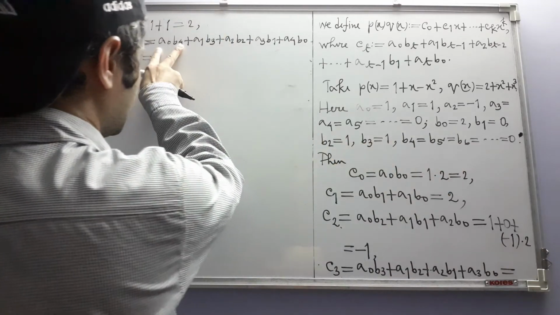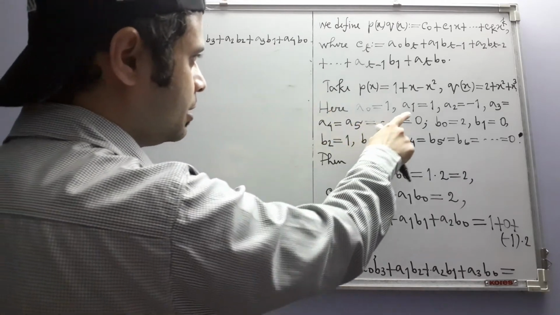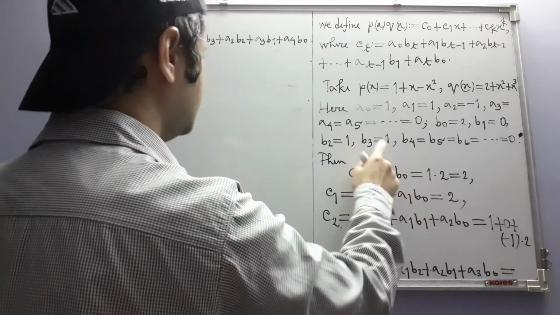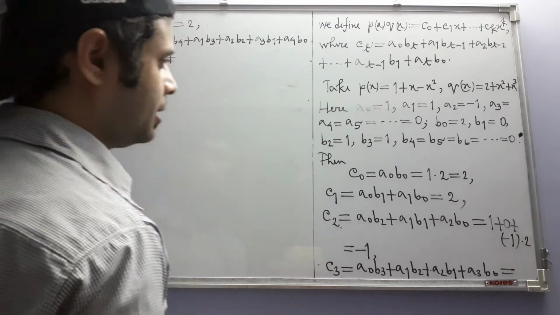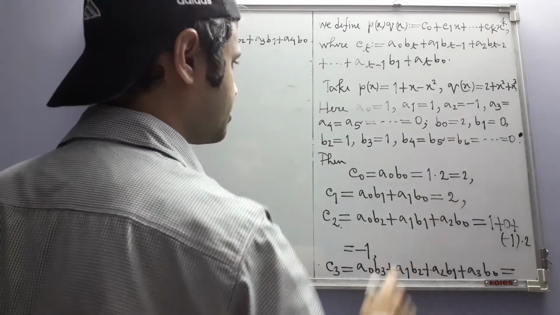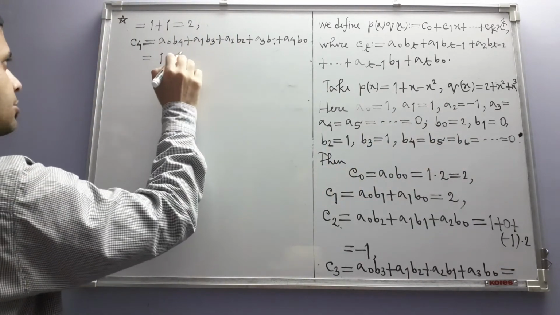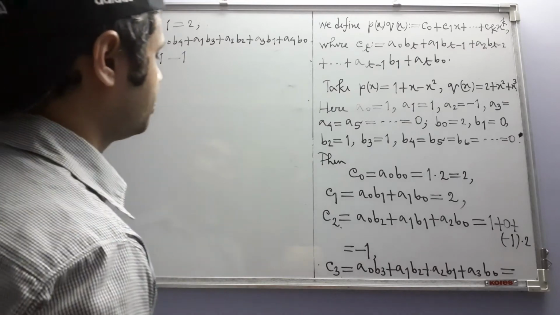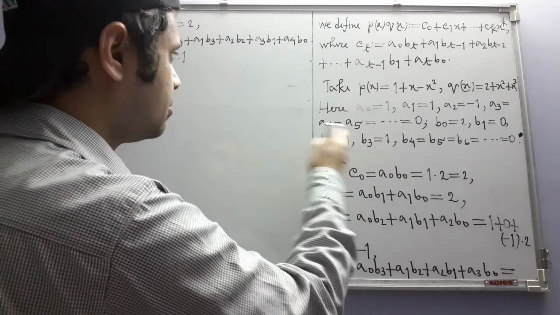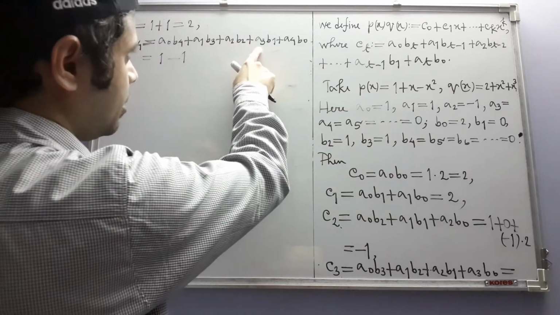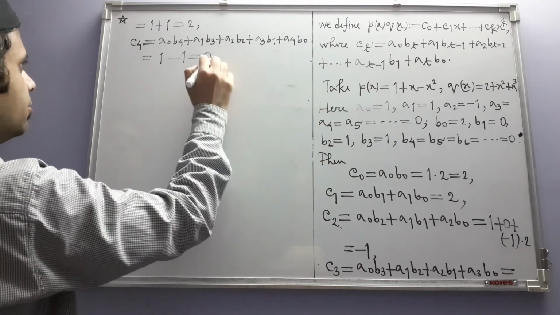B4 is 0, so the first term is 0. A1 B3. A1 is 1, B3 is 1, so the second term is 1. Then A2 B2. A2 is minus 1, B2 is 1, so this is minus 1. Okay, A3 B1. A3 is 0, so this will be 0, and since A4 is 0, this will also be 0, so C4 is 0.